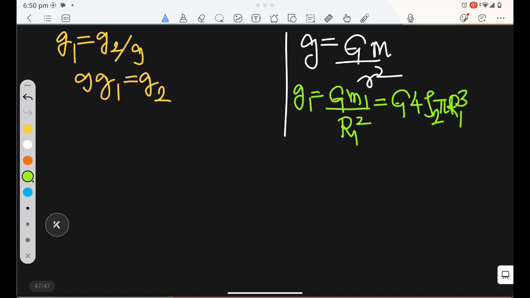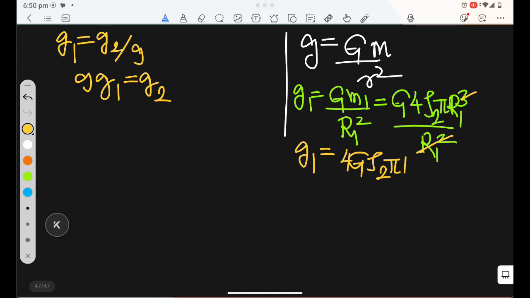So g1 is G times 4 rho 2 pi r1 cube by r1 square. If I cancel this with this, g1 comes to be 4G rho 2 pi r1. This is the value of g1 which I have calculated.